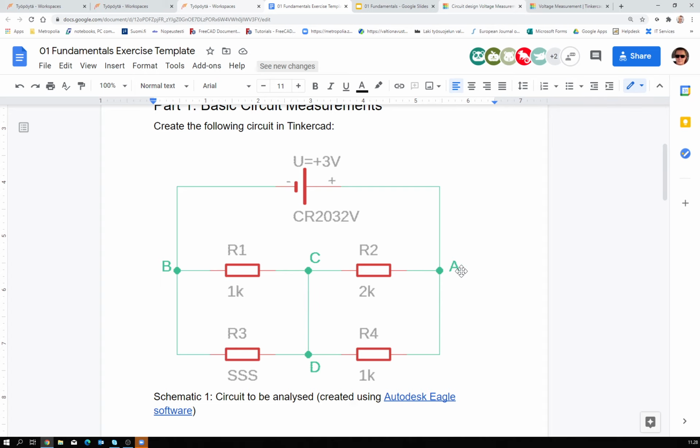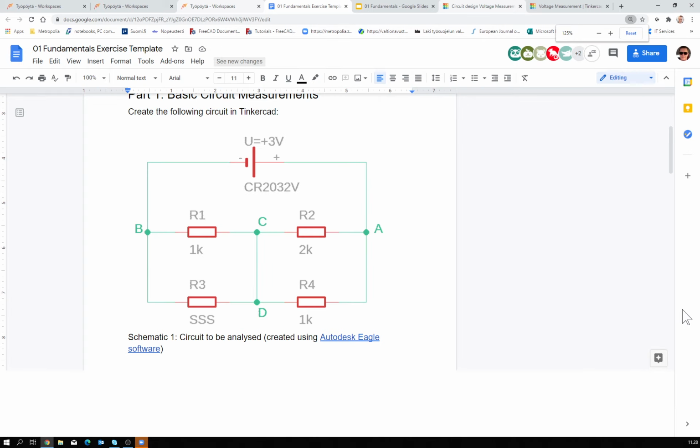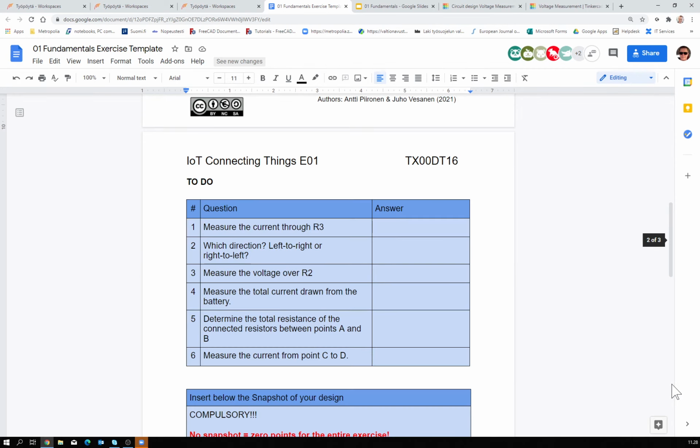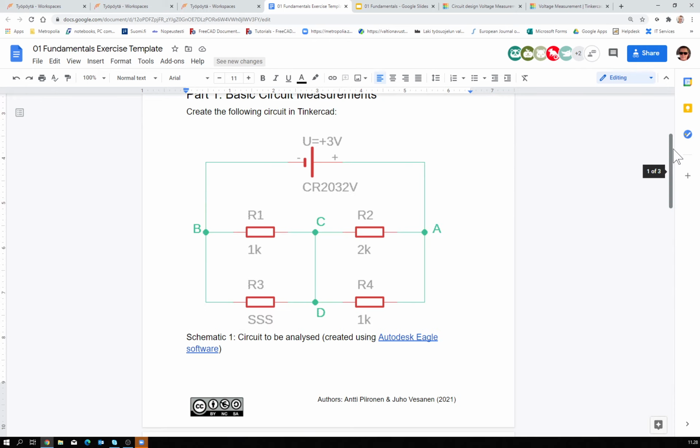And then there are these test points. The first one is to create the following circuit, and then you can start measuring. Simple measurements: measure the current through R3. R3 is that one, and I'm asking for current.